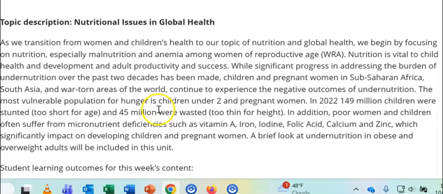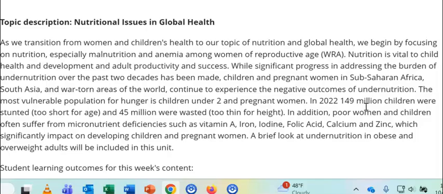The most vulnerable population for hunger is children under 2 and pregnant women, as we said. In 2022, there were almost 150 million children who were considered stunted, which is defined as too short for their age, and 45 million were wasted, which is defined as too thin for their height.